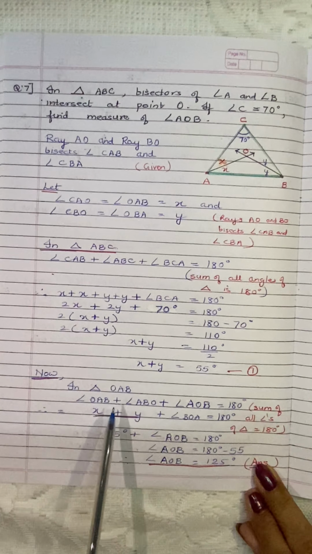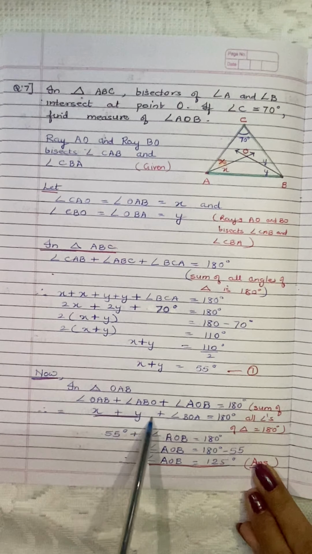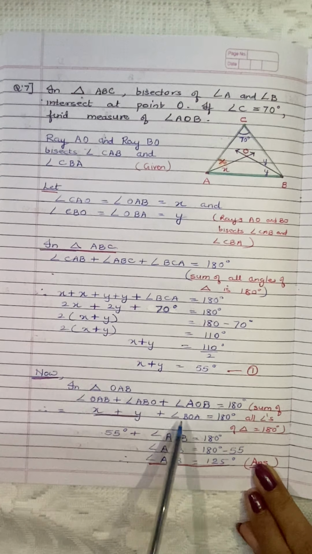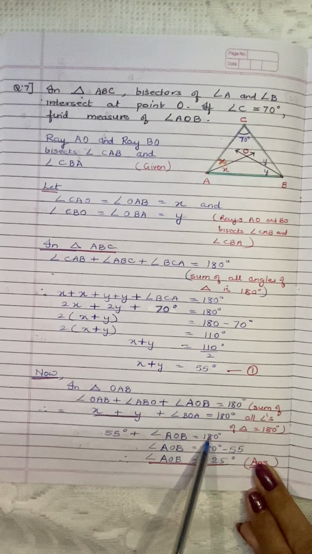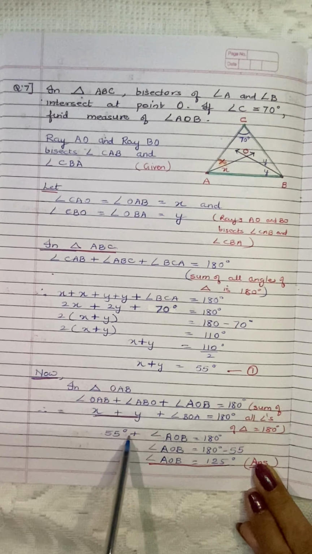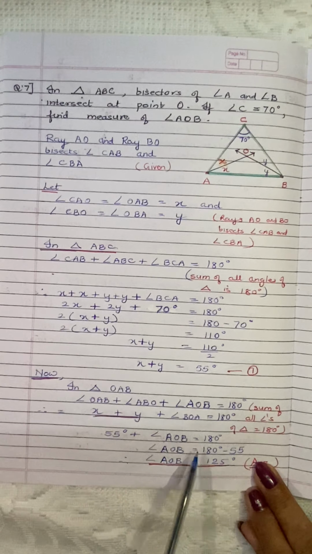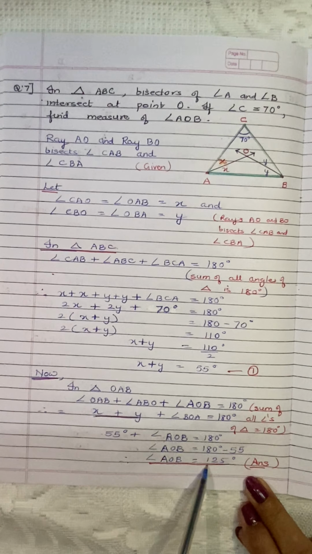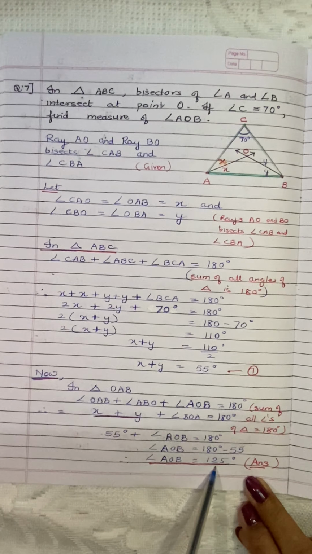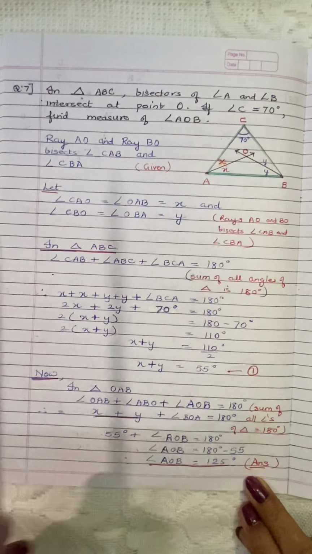So OAB and ABO is equal to 55 degrees, plus angle BOA or AOB is equal to 180 degrees. So we are using this property. Angle AOB is equal to 180 minus 55. Angle AOB is equal to 125 degrees. So we have found the measure of this angle.